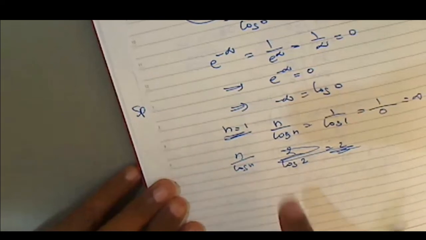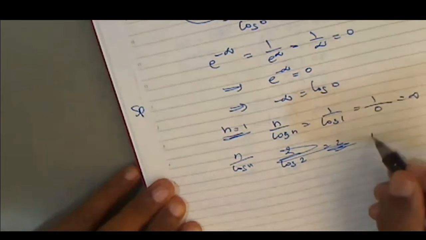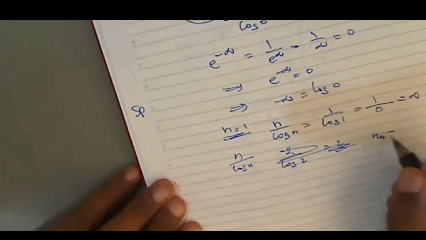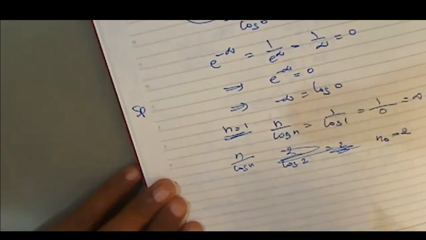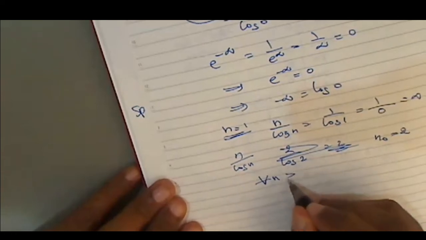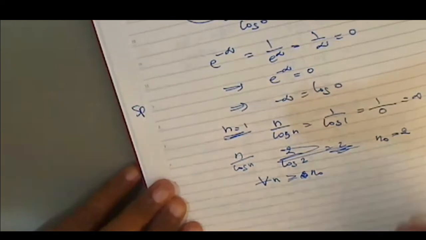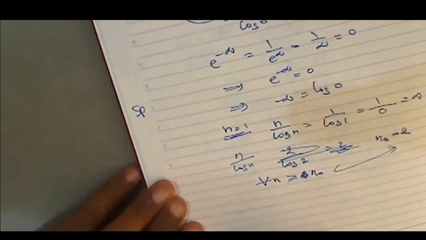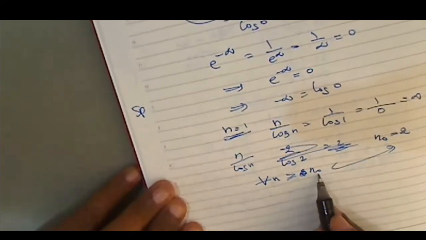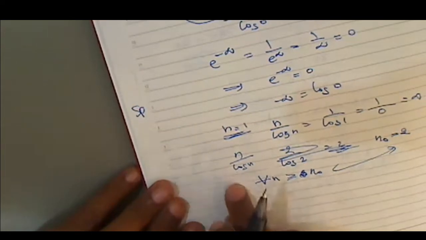You cannot take n equal to 1.5. Therefore we have to find the value of n naught, so that n naught is 2. For all values of n greater or equal to 2, this 2 is our n naught, so for all values of n greater or equal to n naught, this complexity will be defined.